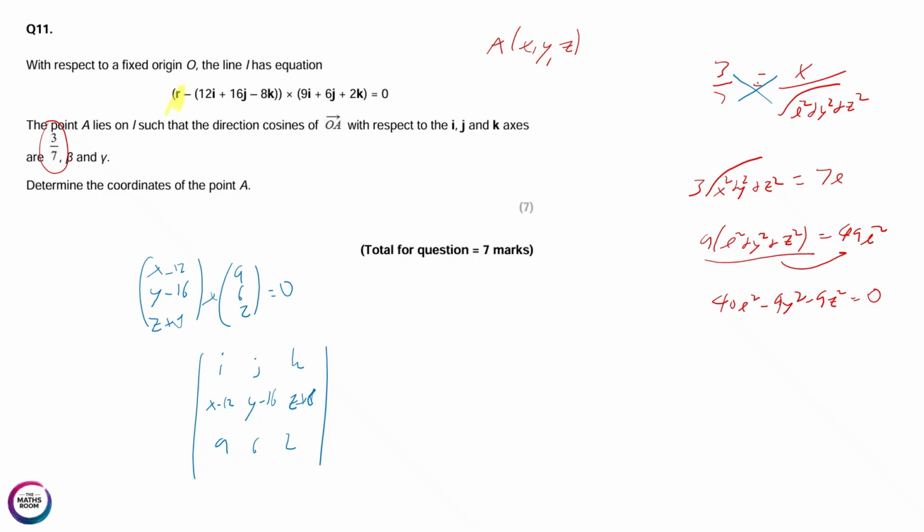So if I look at the k's, by going there and there, what do I get? So I get 6 lots of x minus 12 minus 9 lots of y minus 16 equals 0. So 6x minus 9y, what will that equal? So 6 times 12, calculator, 72, minus 9 times 16, isn't it? So it's minus 72.